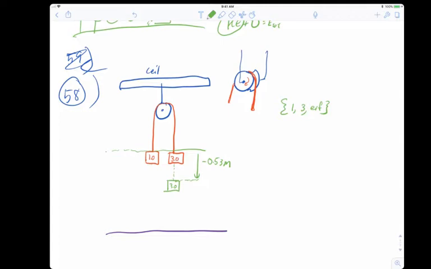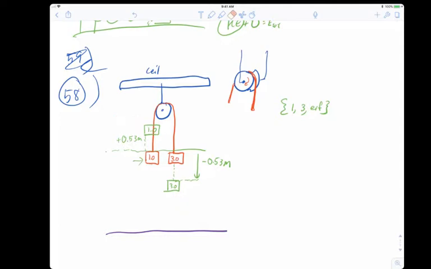Does the 1 kilogram block move? It does. Which direction does it move? It moves up. How far does it move up? It moves up 0.53 meters. How do I know? It's because it's a rope. The rope can't get any longer or shorter. So if this one goes down, this one has to go up.